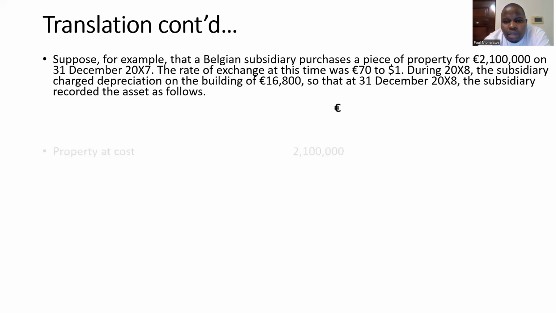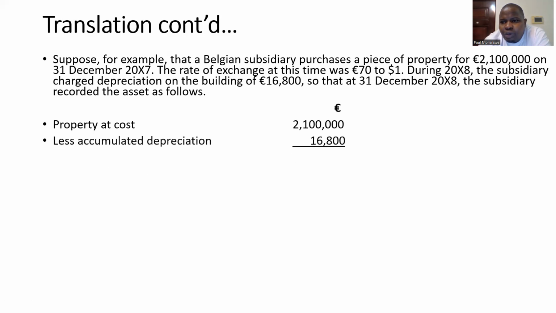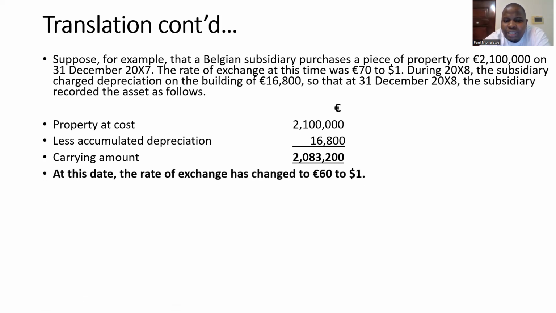Number one, property at cost, that is 2,100,000. And number two, we remove the depreciation at year end of 16,800, remaining with a carrying amount of 2,083,200 euro. At this date, the rate of exchange has changed to 60 euros to $1. What does it mean? It was 70, now it's 60. It means that the dollar has lost its value by 10 euro to $1.